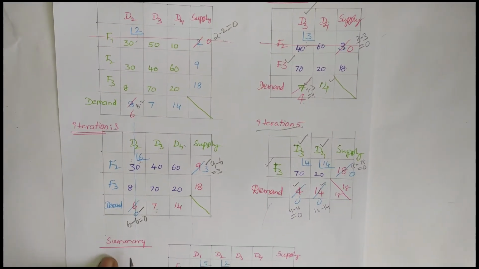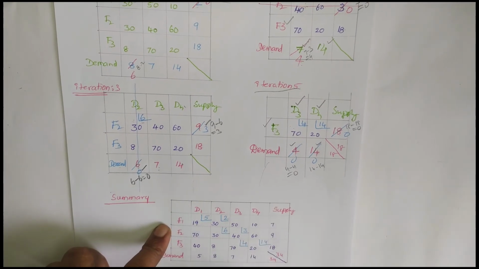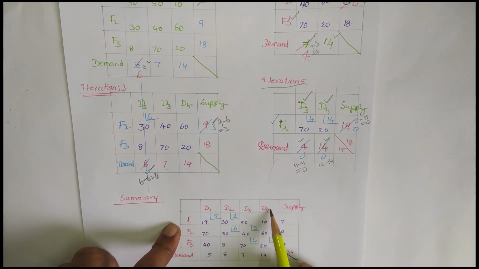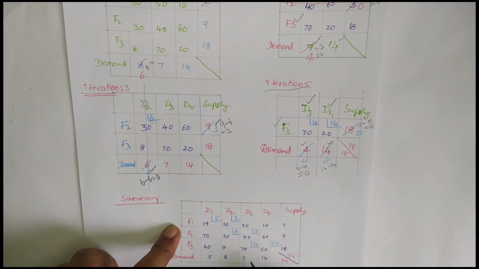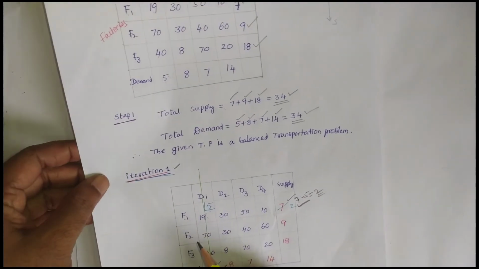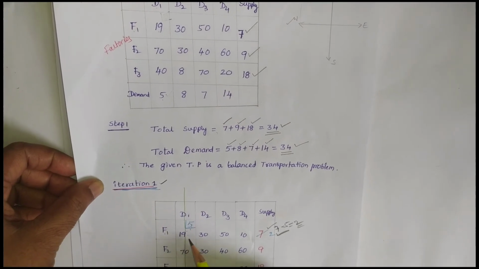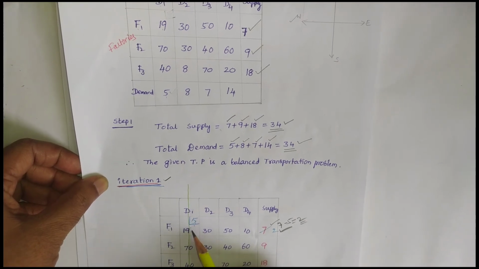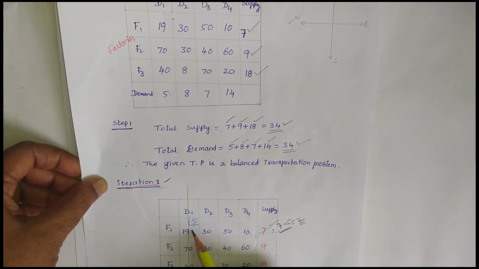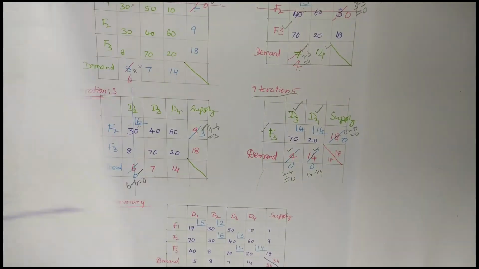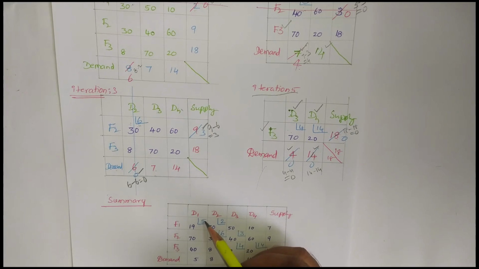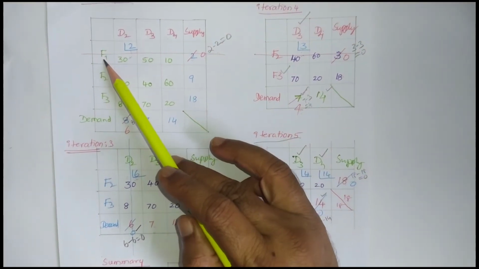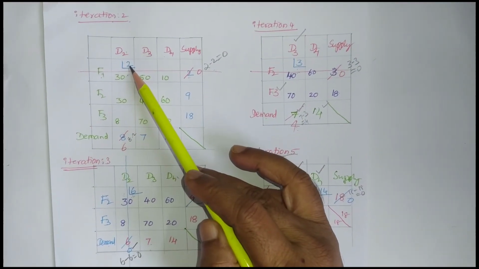Next, the summary. This is the original table with F1, F2, F3, D1, D2, D3, D4, supply and demand. In the first iteration, 5 units are allocated to the F1 D1 cell. In iteration 2, at F1 D2, 2 units are allocated.